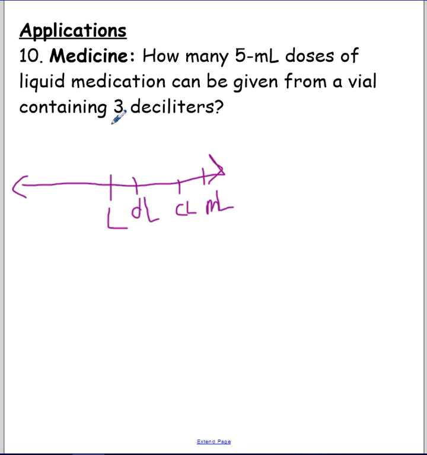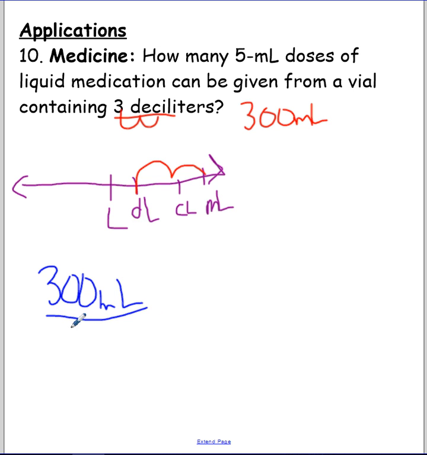So to convert our 3 deciliters into milliliters, we need to go 2 spaces to the right. So adding 2 spaces to the right would give us that that is the same as 300 milliliters. Now that both numbers are in the same units, we can say we have 300 milliliters divided by 5 milliliter dosages. And when we divide, we get that that equals 60 doses of medicine in that 1 vial.